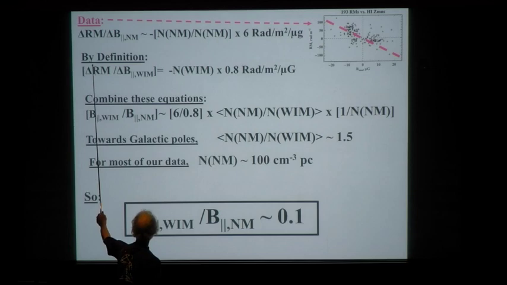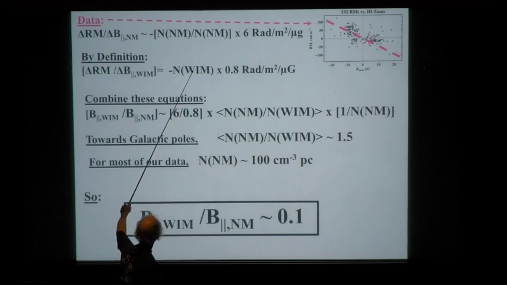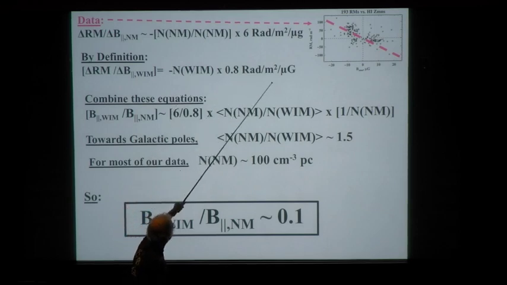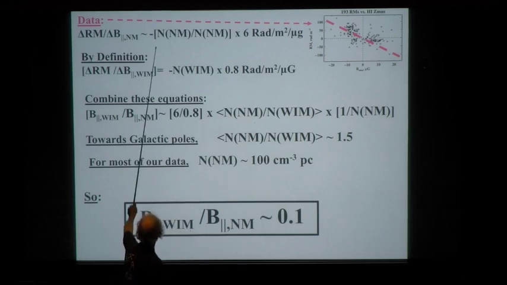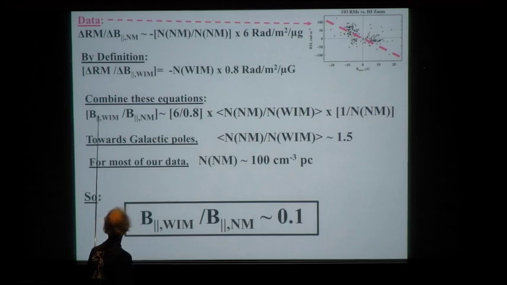Now, by definition, delta RM over delta B is equal to the number of ions, number of electrons, times 0.8 radians per meter squared per microgauss. So you can put these two equations together, and you can find the ratio of the magnetic field in the WIM to the magnetic field in the NIM, and that's equal to 6 over 0.8.